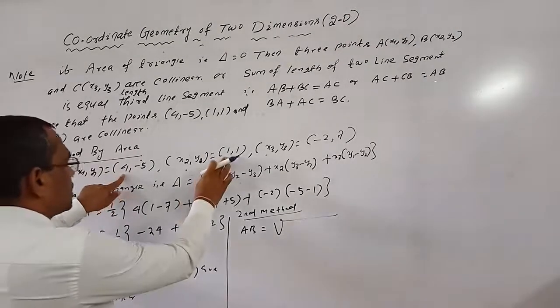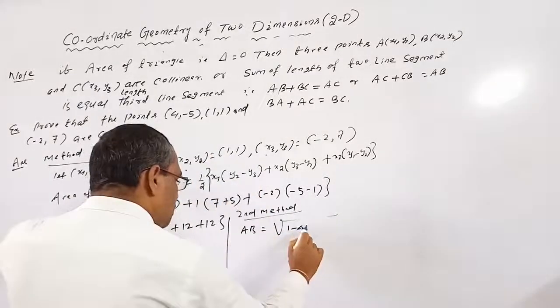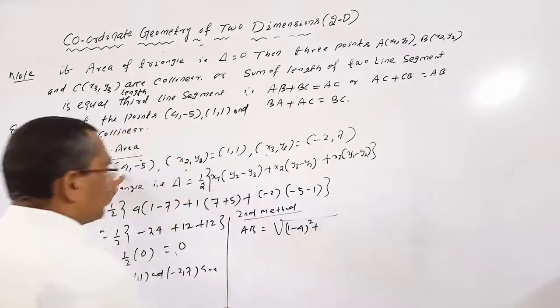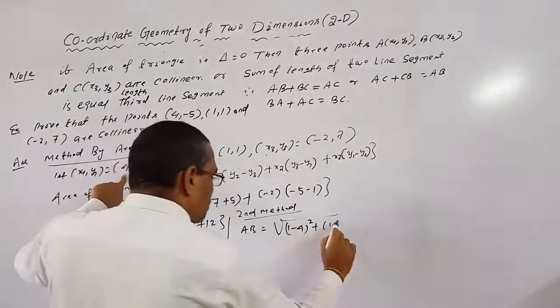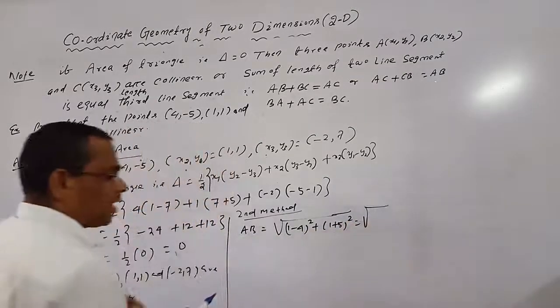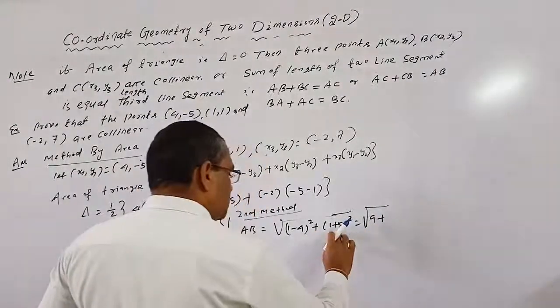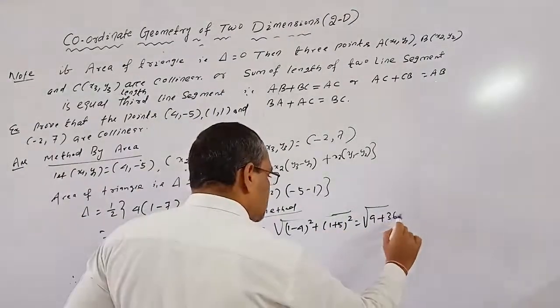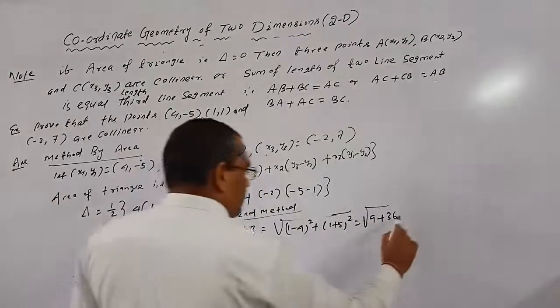So x2 minus x1, 1 minus 4, square, plus y2 minus y1 square, y2 means 1 plus 5, square. Okay. So 1 minus 4 is minus 3, square is 9, plus 6 square is 36. Okay, which is equal to root of 45.